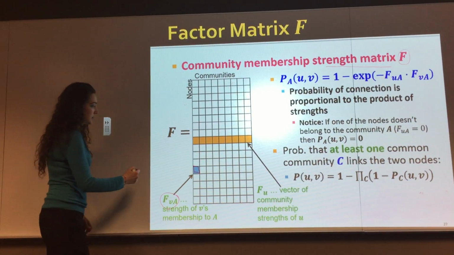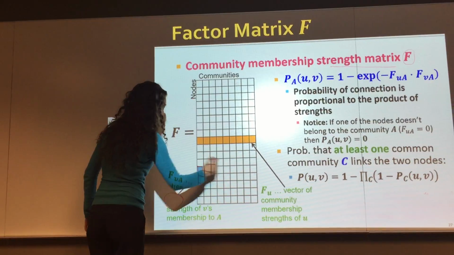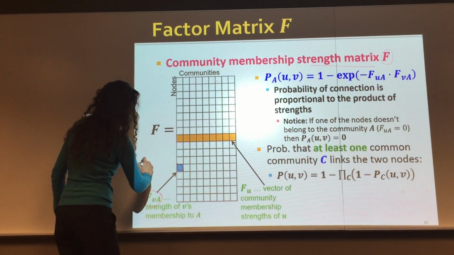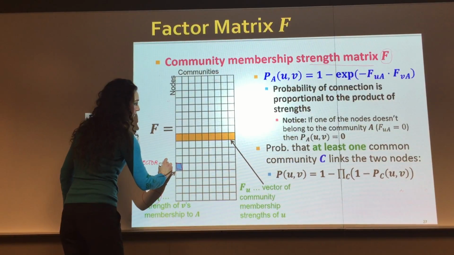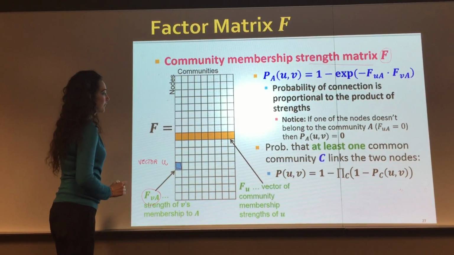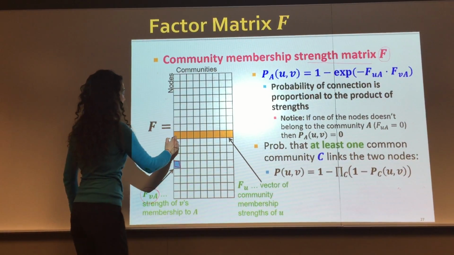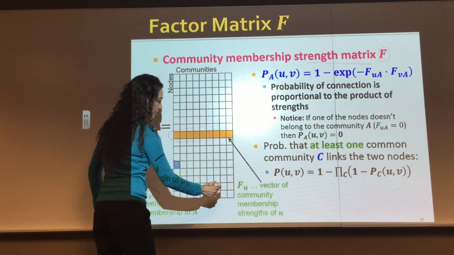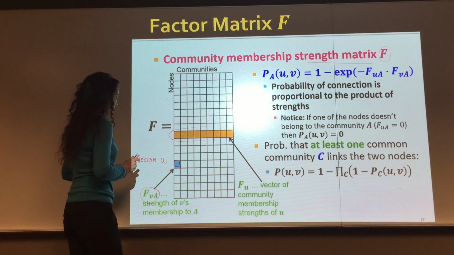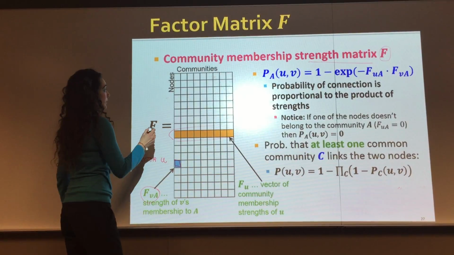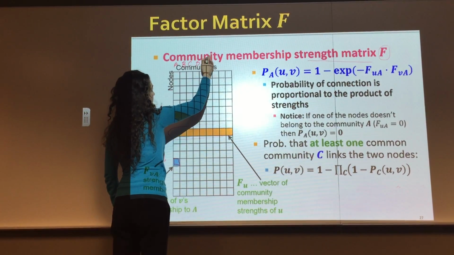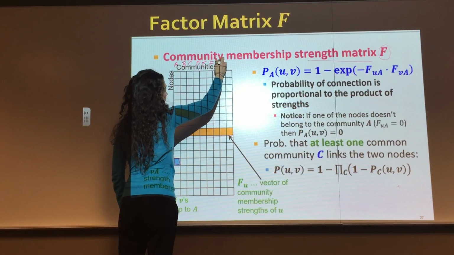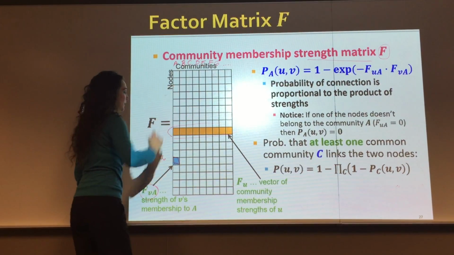So the row is a vector for a particular node. So, the vector for the node U, for example. Or this up here is the vector for the node U. The communities are here, so community A, B, C, D, and so on.